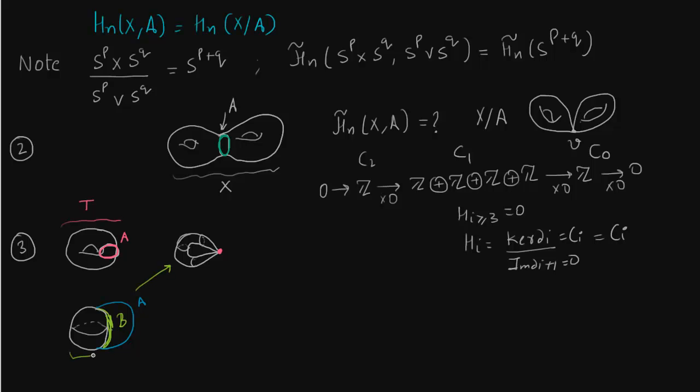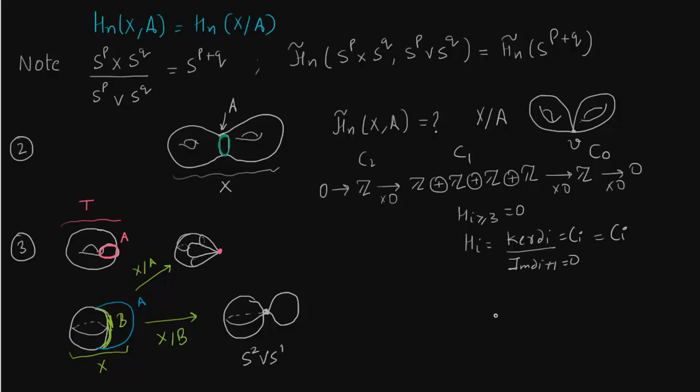If you collapse A, what you get is the same figure. But what if you collapse B? If you collapse B, this is what you get. You still get a sphere, with this point. So we have seen that X by A is equivalent to X by B.